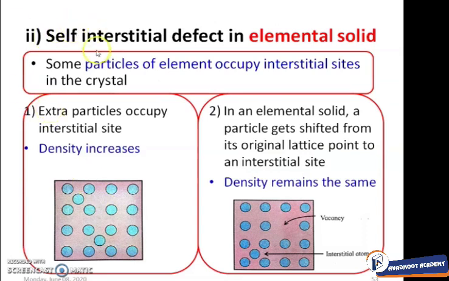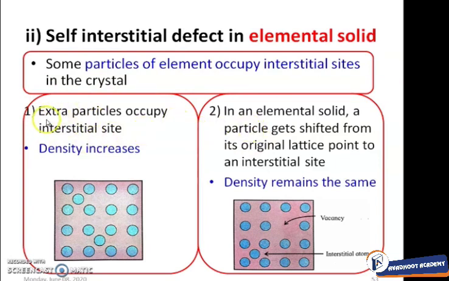The second example is the self-interstitial defect in a crystal solid or elemental solid. Sometimes particles of the element occupy an interstitial site in the crystal, and because of this there is a creation of defect. There are two ways of self-interstitial defect.